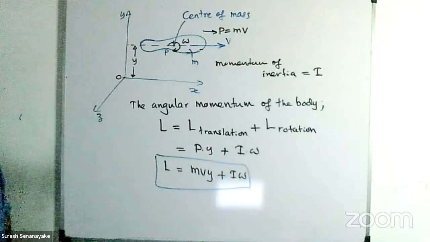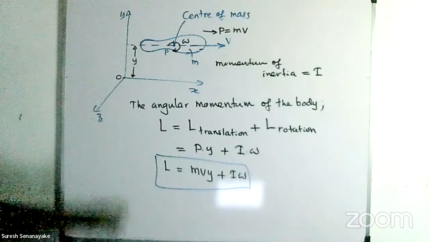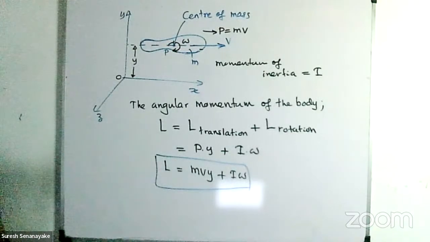And it makes a translational motion with linear velocity v. And then this is defining the terms we used. Is it okay?